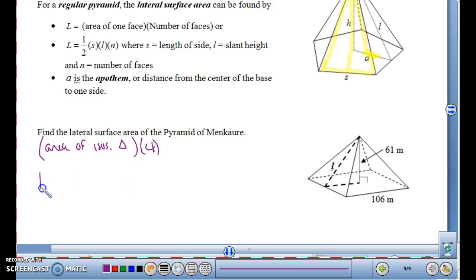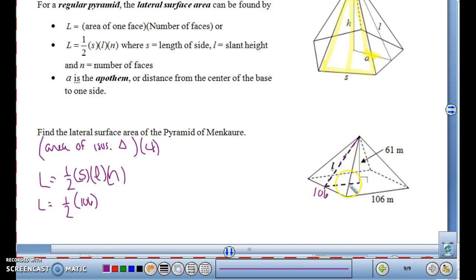All right, so it's going to be L equals 1/2 s l n. So s would be the length of the side, which would be 106. So that would be this distance right here. 1/2, 106. All right, l is the slant height, which would be the height of the triangle right here.